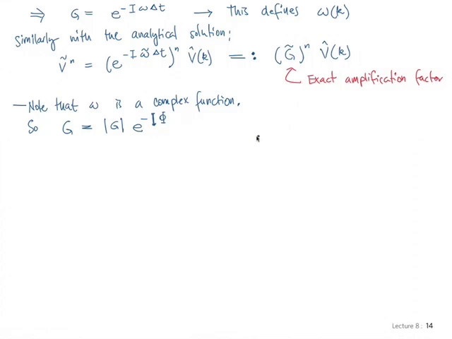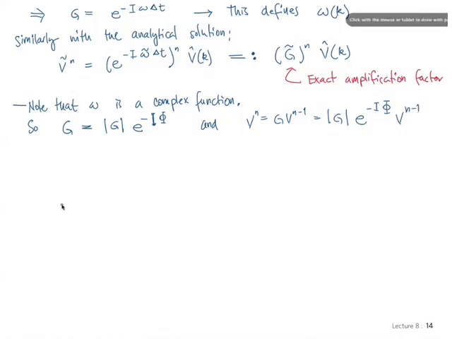And of course Vn, which is equal to G Vn minus 1, is equal to this amplitude of G times e to the minus I phi Vn minus 1.